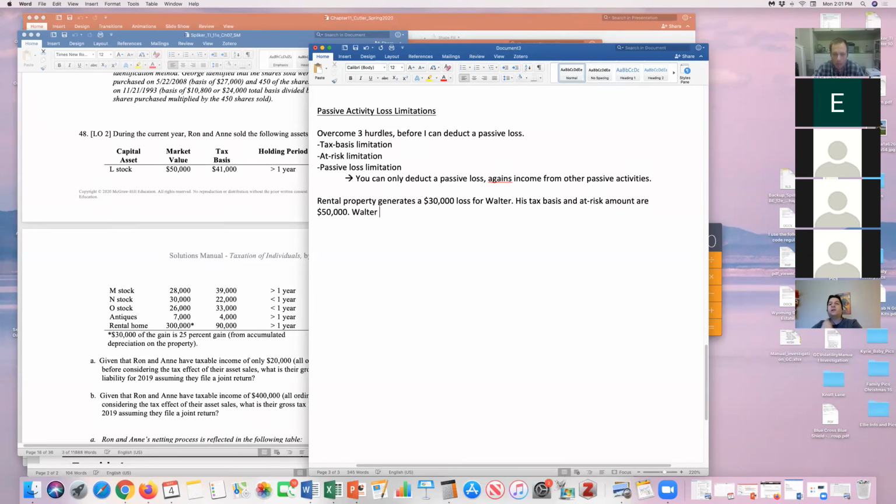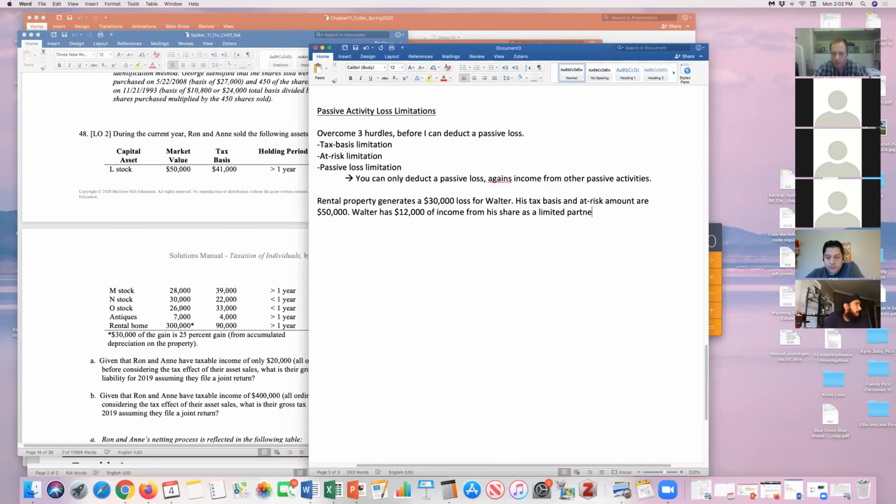So if we said Walter has $12,000 of income from his share as a limited partner in another passive business, in that case Walter can deduct $12,000 of his loss from his rental property, and he'll have an $18,000 carry forward from that.